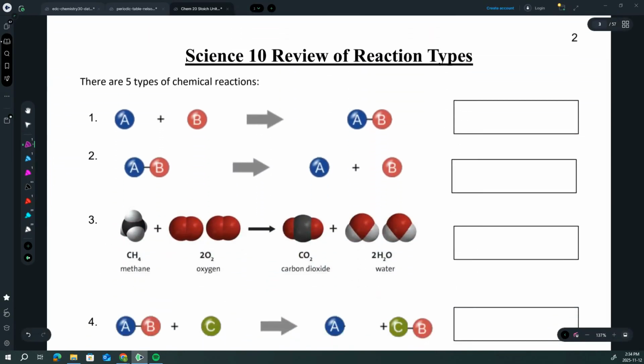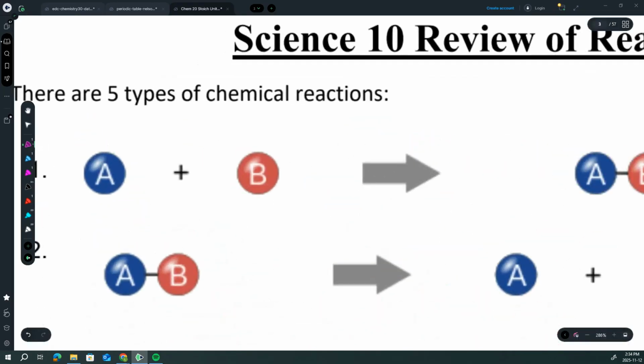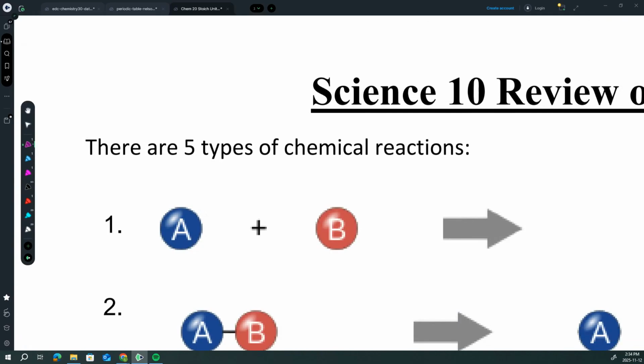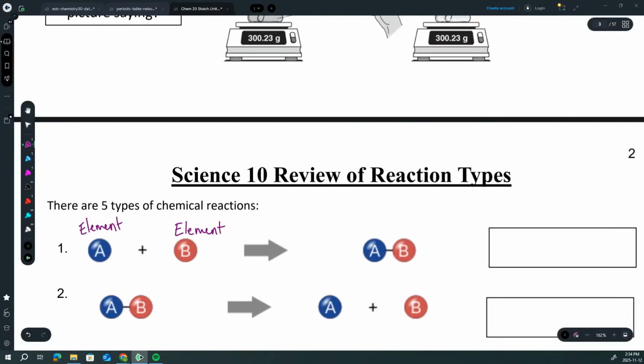All right, let's review our Science 10 knowledge and go over the 5 different types of chemical reactions. For our first one here, we have 2 elements, so let's write elements above here: element A and element B. And they come together to form a compound.